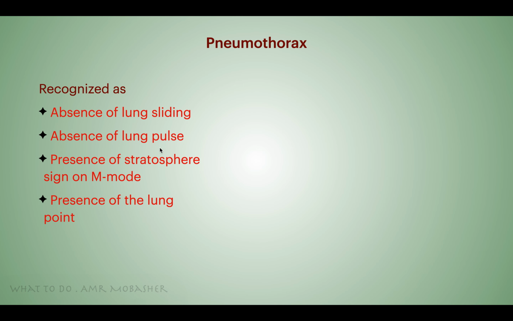Absence of lung pulse. Lung pulse is transmitted cardiac pulsations to the pleural line. We'll see in details now. On M mode, presence of stratosphere sign and absence of seashore sign. Number 4, presence of the lung point. In details.